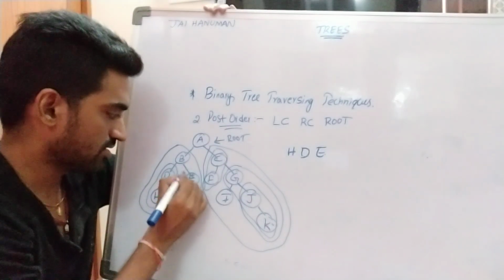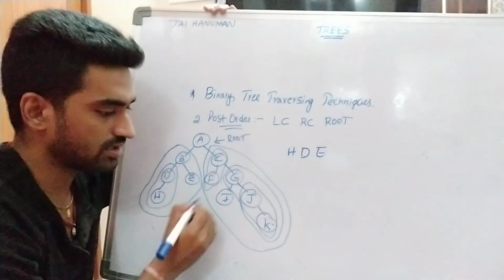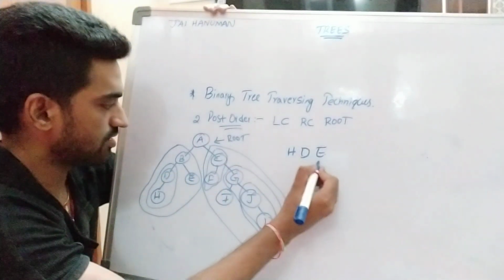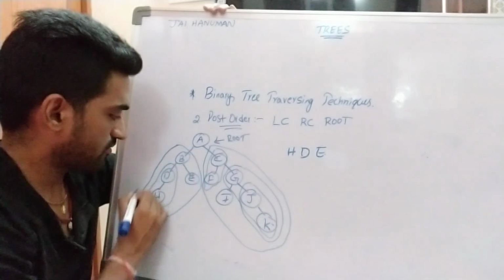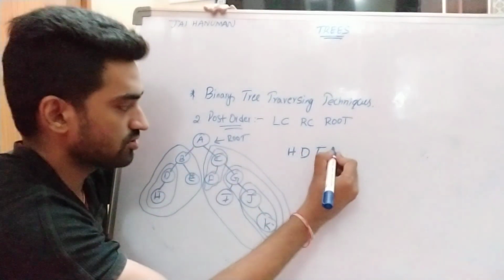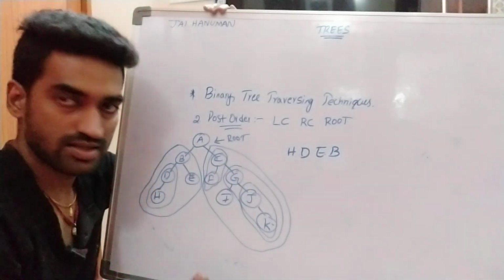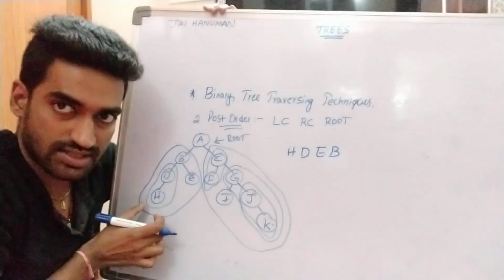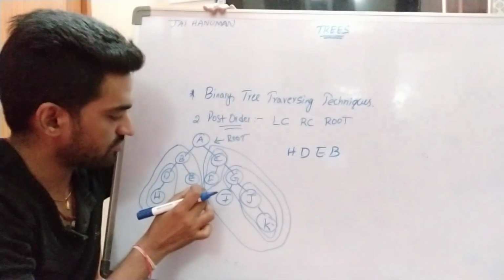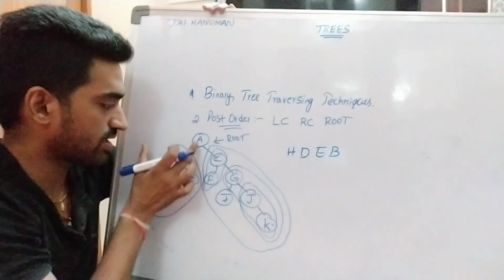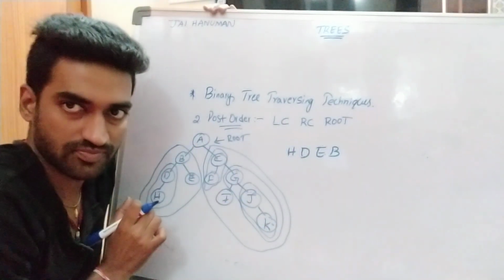For this subtree the right node is visited, right? So H, D, E, then for this subtree this is the root, so root is visited. So leftmost children are visited, then right children are visited, then root is visited for this left subtree, right?